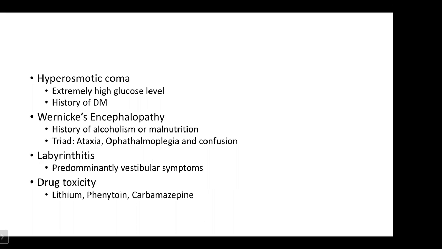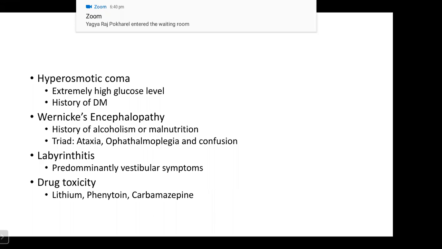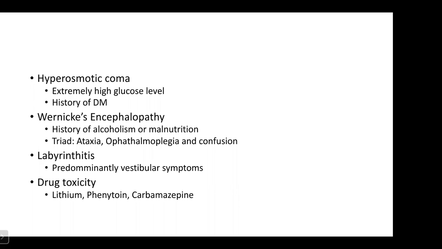Some drugs are responsible for the development of neurological signs: lithium, phenytoin, and carbamazepine. If the patient is taking these drugs, we must take the history regarding them because it may be related to the neurological signs and symptoms. So to rule out drug toxicity, we must ask for a history of lithium, phenytoin, and carbamazepine.